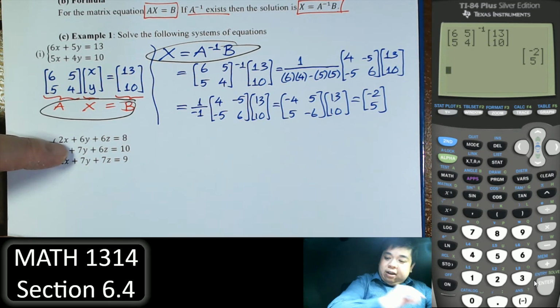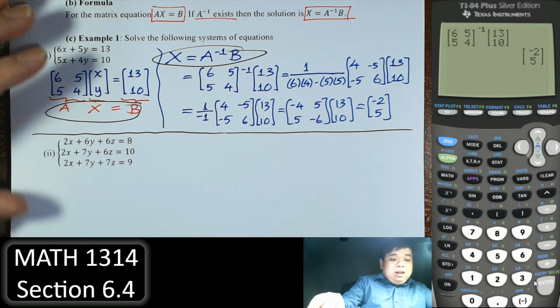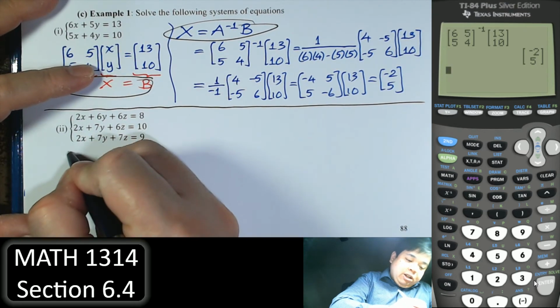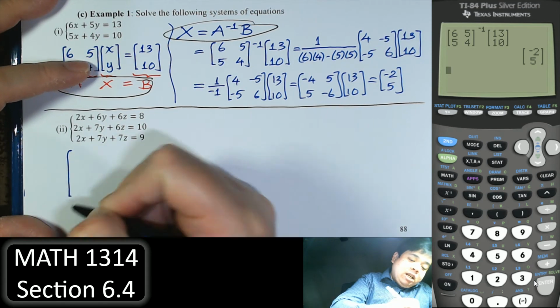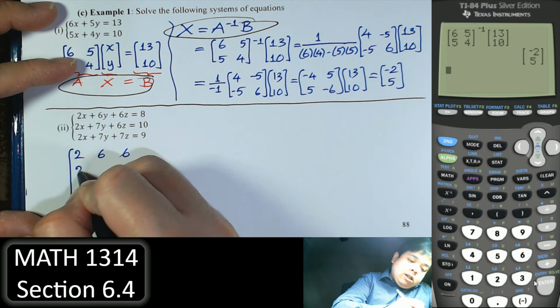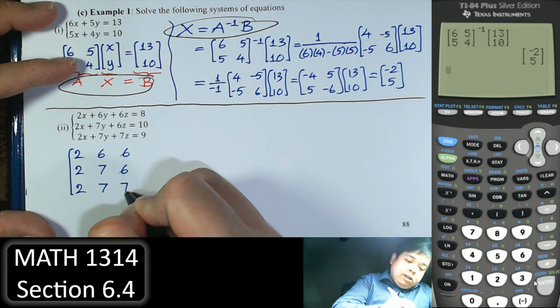Right, next we have a system of 3 equations. So we will have a 3 by 3 matrix for the coefficients. Right, coefficients for x, y, and z from 3 equations. 2, 6, and 6, 2, 7, and 6, 2, 7, and 7.